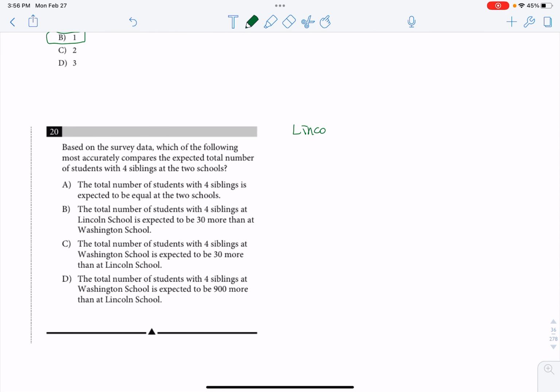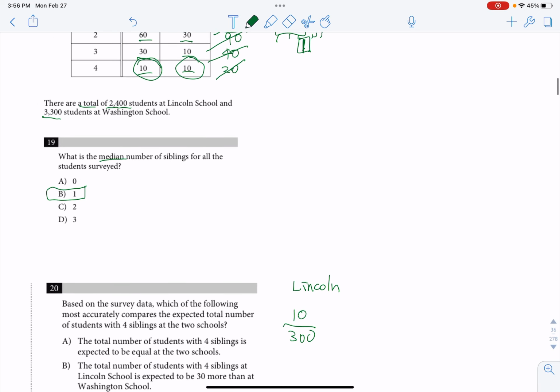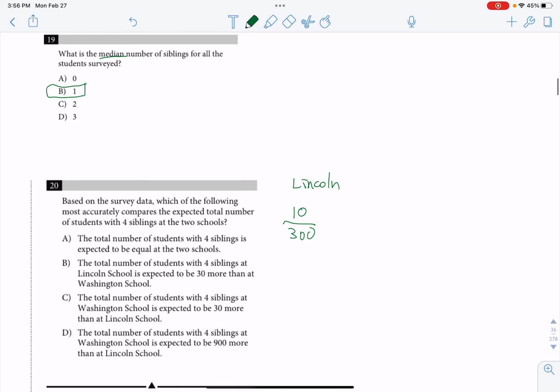Lincoln High School has 10 students who have 4 siblings out of 300, but the actual number of Lincoln High School students is 2,400. So how many students will have 4 siblings in that school out of 2,400? So you multiply by 8 here to get 2,400. So X will be 80. So 80 Lincoln High School students have 4 siblings.